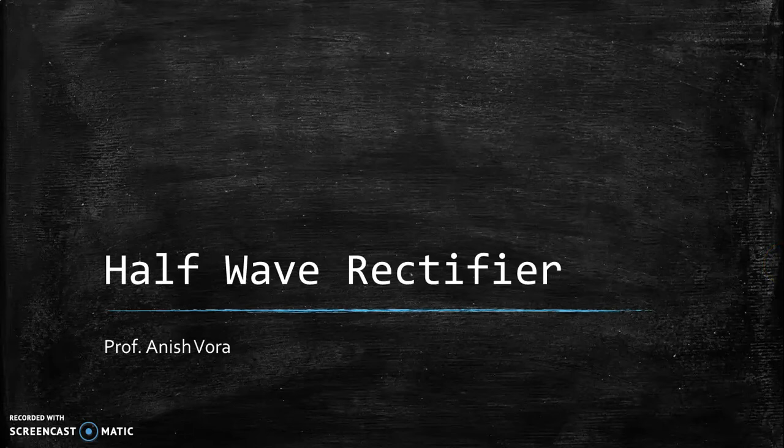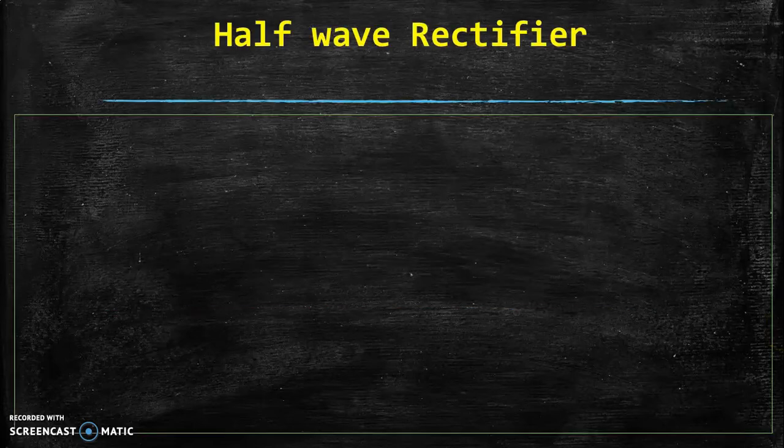In this video lecture, we will study about half wave rectifier. We know that a rectifier is a device with the help of which we can convert AC supply into DC supply. Now, let us understand what exactly we mean by half wave rectifier.